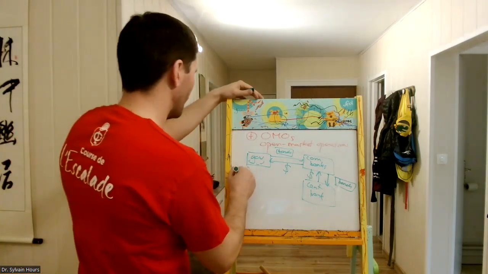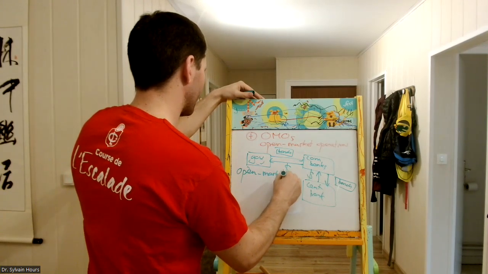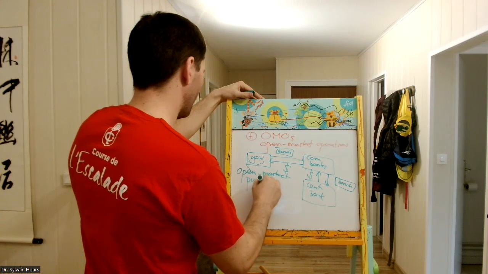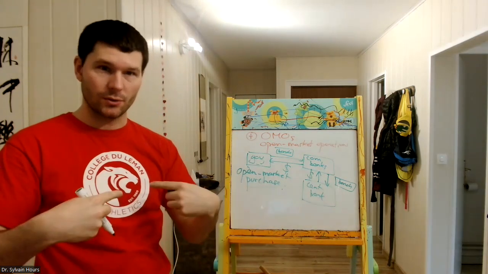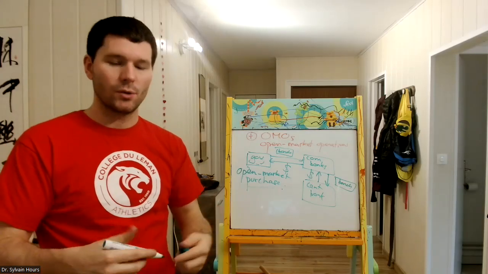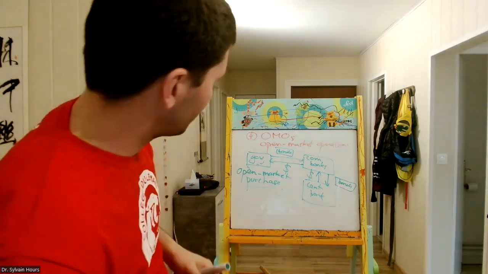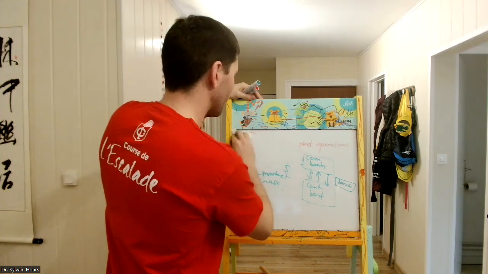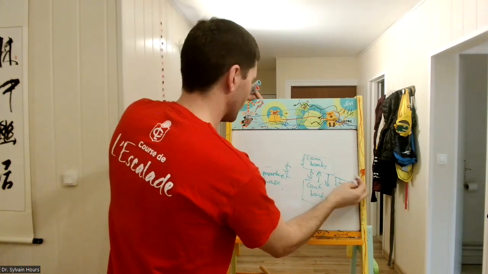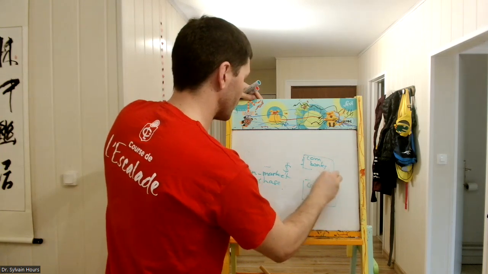That's what we call an open market purchase. Open market purchase: when the central bank purchases government bonds from commercial banks. On the other hand, it's perfectly possible that the central bank sells government bonds to commercial banks.